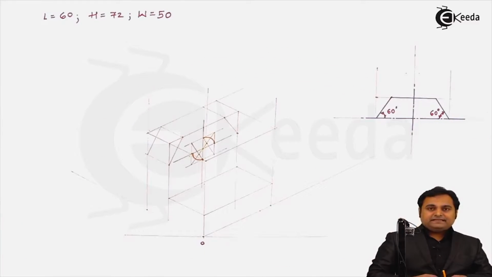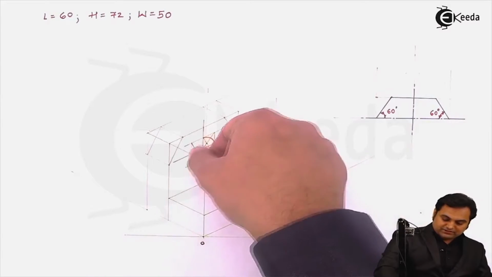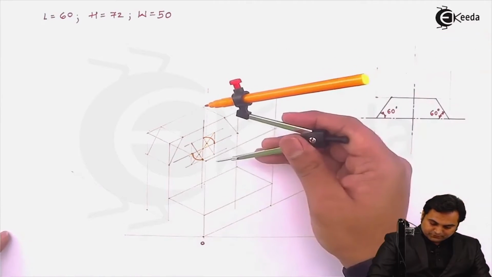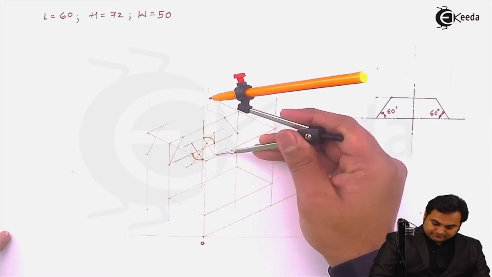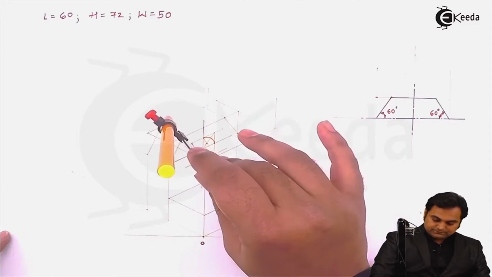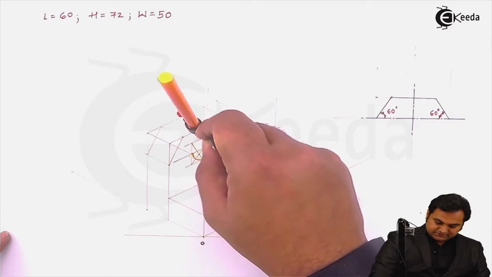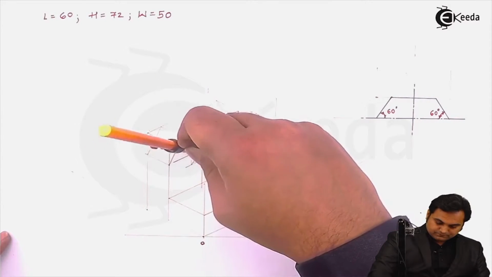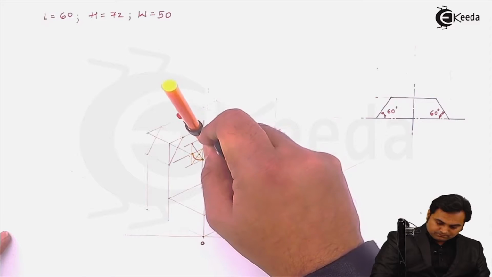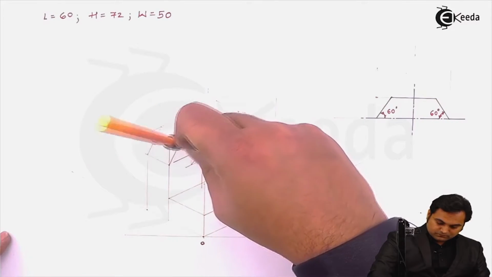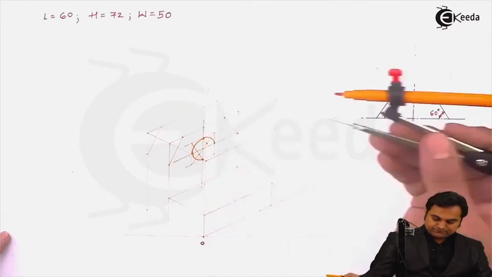Light. Next, I have to draw arcs here. So connecting them, take this center, adjust the distance, taking this as the radius. Drawing a light arc.